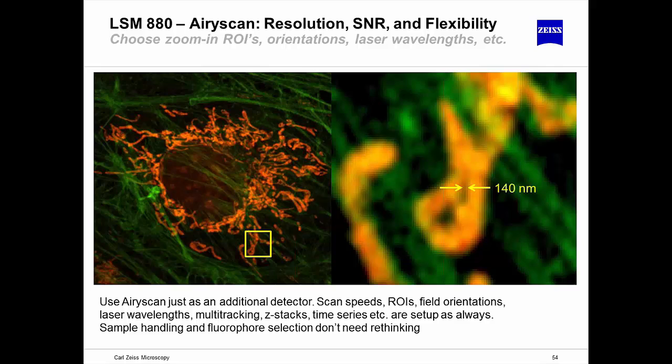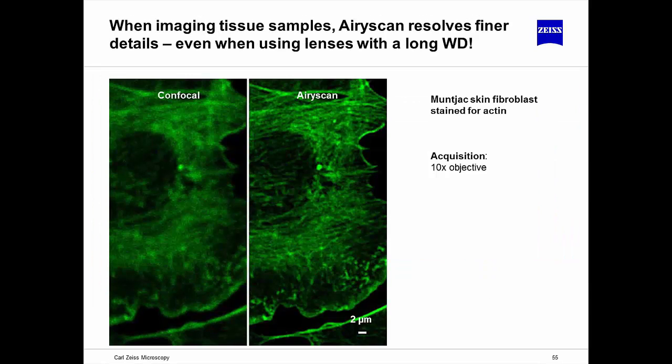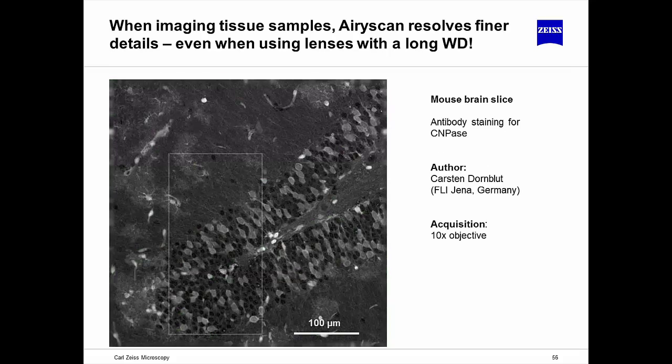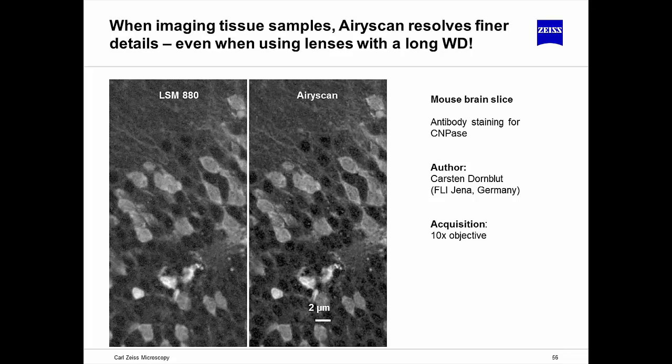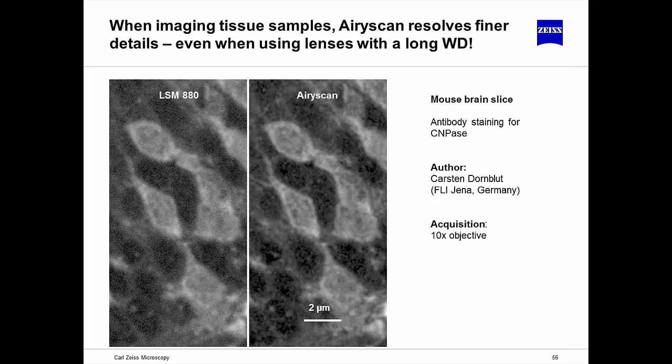A really nice part of the Airyscan is that you get these improvements regardless of the imaging lens you're using. In this case, I show images acquired with a 10x magnification lens with the confocal versus the Airyscan. If we look at the comparisons here, you see sensitivity and contrast improvements that you just wouldn't see with the normal detector.